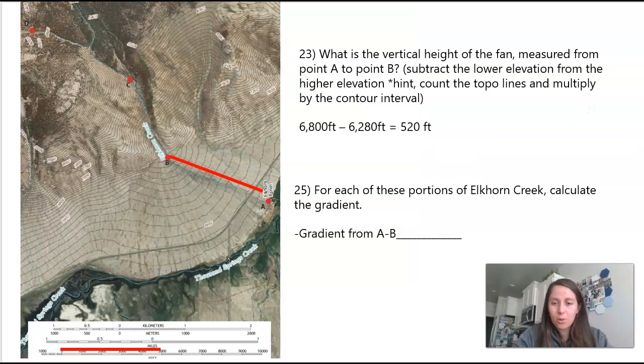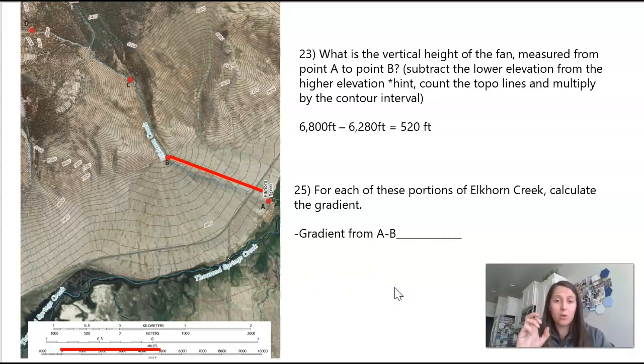Okay, so question 25 says, for each of these portions of Elkhorn Creek, calculate the gradient. So I'm only going to help you with the first gradient from A to B. You'll have to do the other one on your own. So remember the gradient formula they give you right there next to the question? The percent gradient is going to be the change in elevation over the distance.